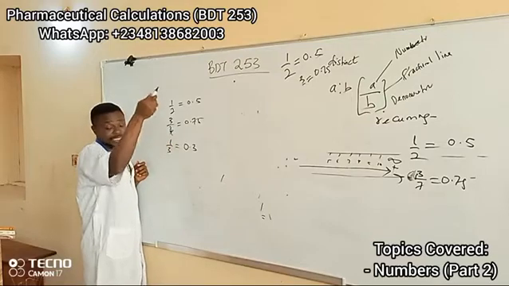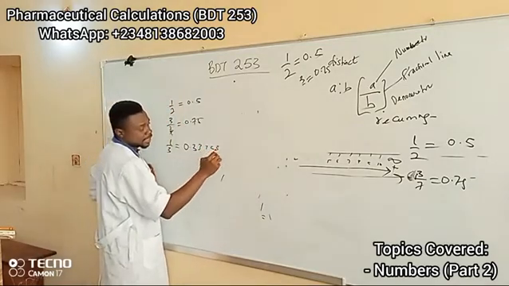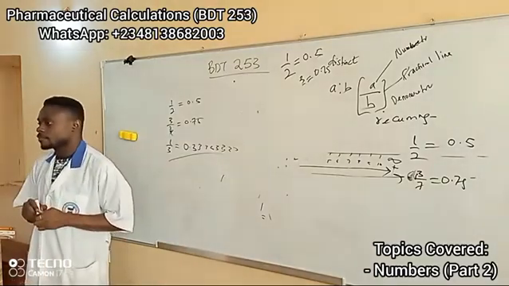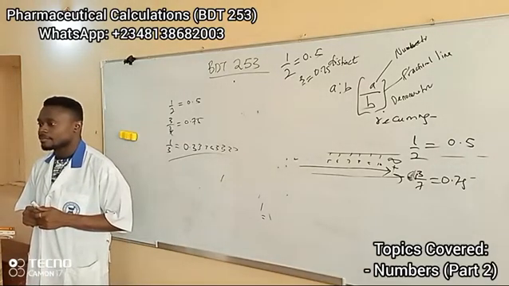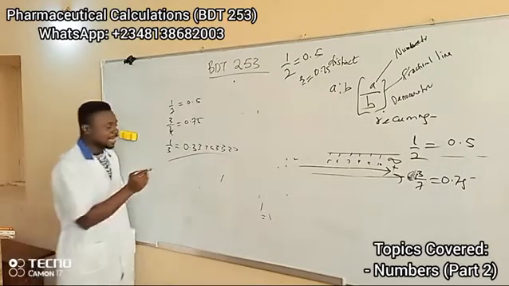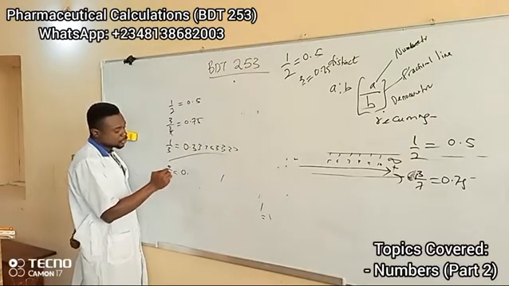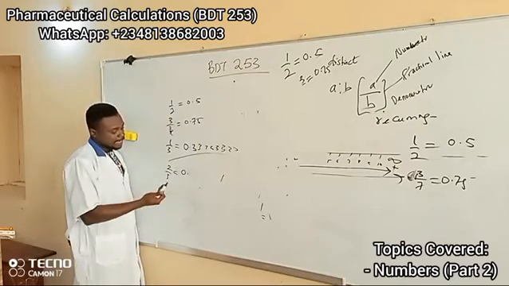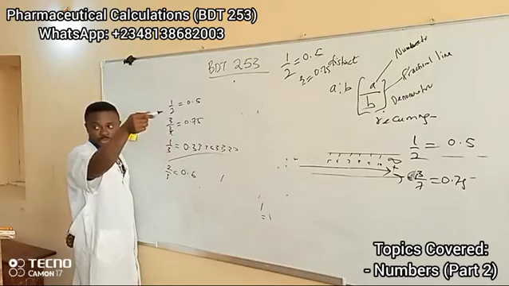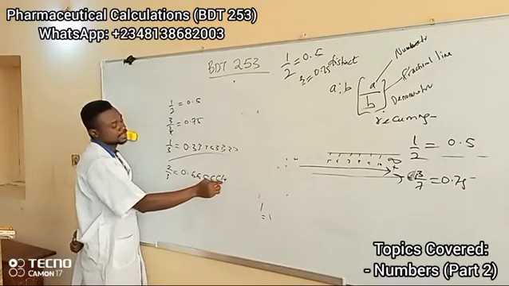You times it by the base again, 10 divided by 3, 3, and so on: 0.333 recurring. Okay, let's go. 2/3 is 0, remainder 2. 2 times the base is 20, divided by 3 is 6, remainder 2. Again 20 divided by 3 is 6, and so on: 0.666 recurring.